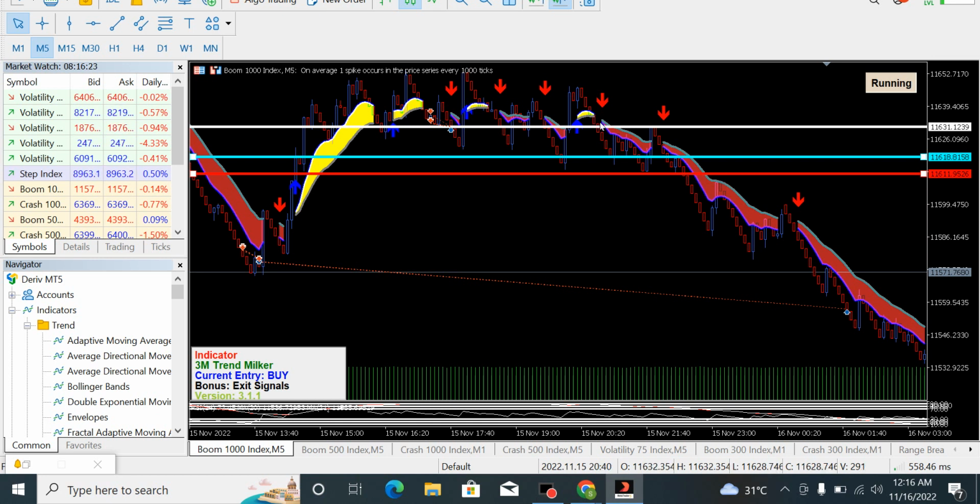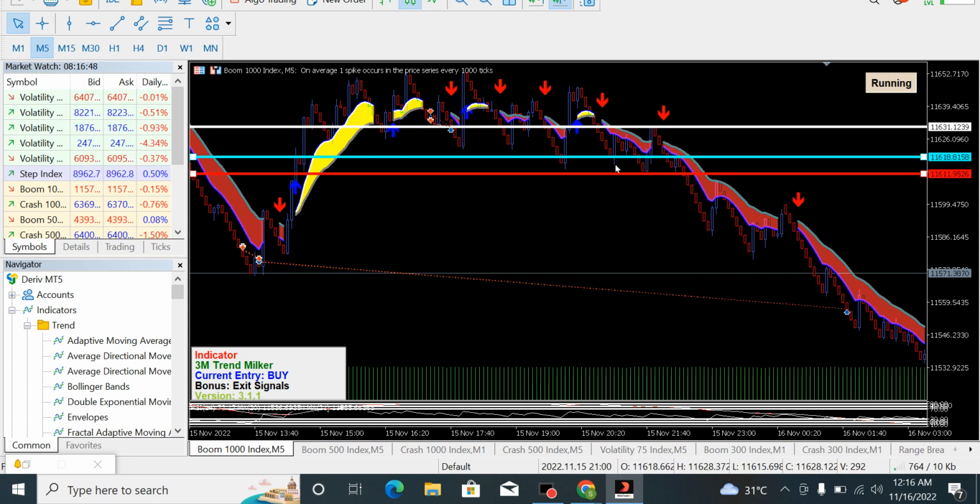You can see it came down from here and got to this region. This is the first time it got to this region, and it would have closed your trade for you, giving you 1, 2, 3, 4, that is four 20-minute candles. And just after that you can see that it spiked up. So this would have saved you from this spike.